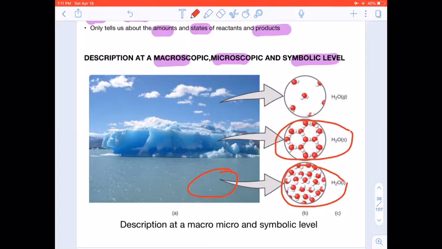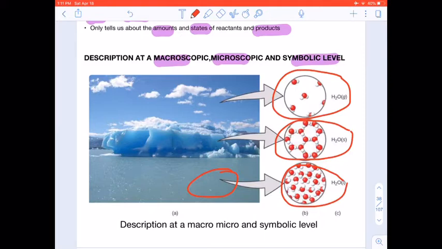And if you look at gases, you'll see that the molecules are further apart, right? And these are all water molecules. So, getting back to what you've done earlier in the year, you did the kinetic theory of matter, which gave you an indication of how these particles are arranged in the respective phases.